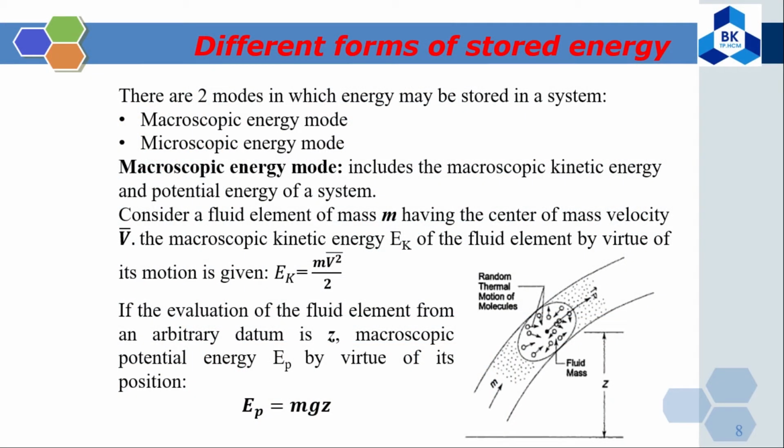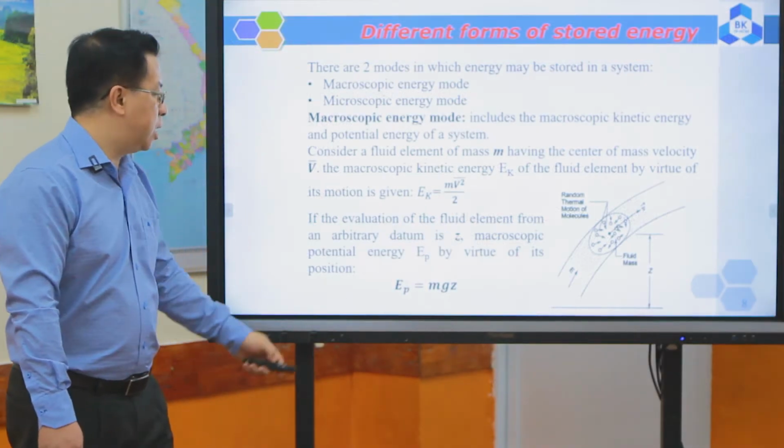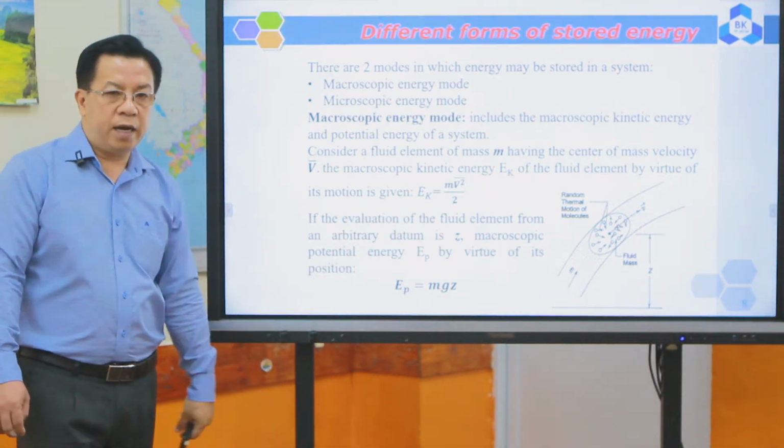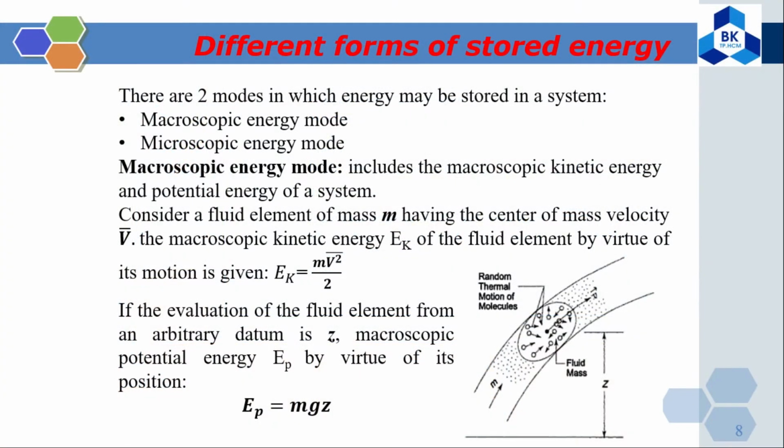Okay, so the macroscopic kinetic energy Ek, K stands for kinetic, of the fluid element by virtue of its motion is given by Ek equal to m v bar squared divided by 2. This formula you are familiar with from grade 10 or grade 11 in the physics subject.